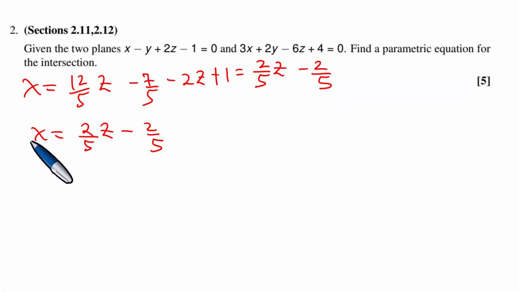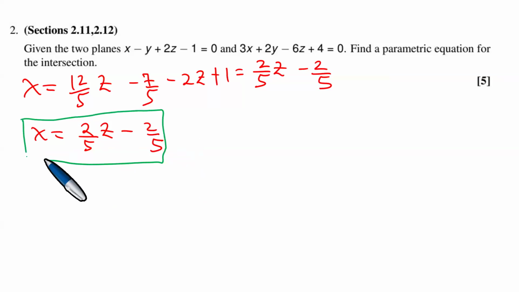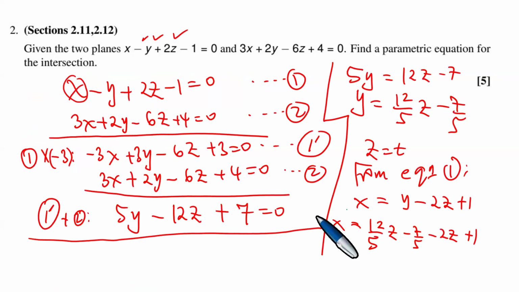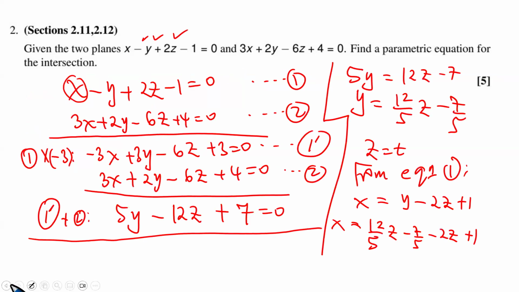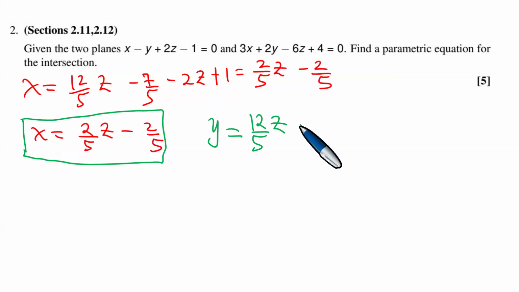So in the end we have y equals 12 over 5 z, and then minus 7 out of 5.